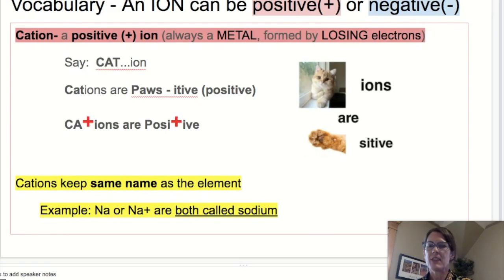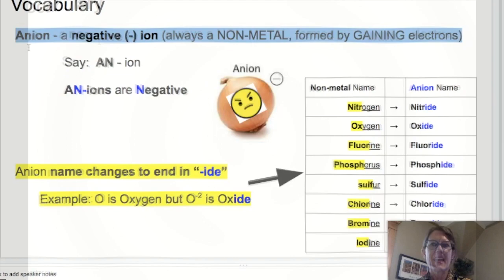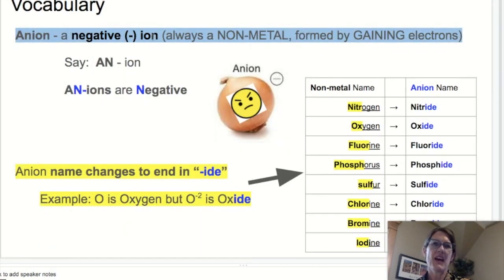So now let's look at anions. An anion is a negative ion, and it's always a nonmetal, and anions are formed by gaining electrons. So gaining is negative. When atoms gain electrons, they become negative, and they are called anions.